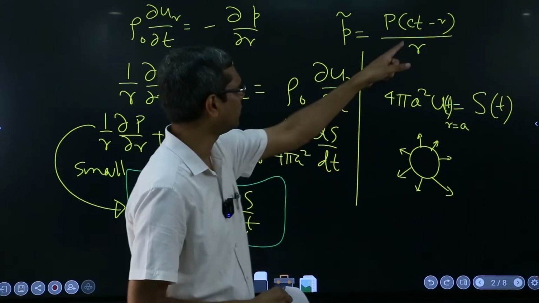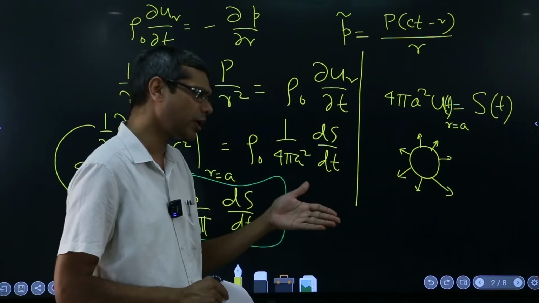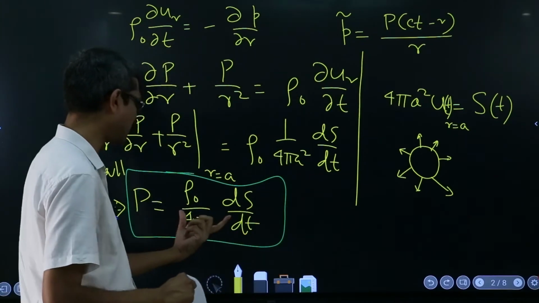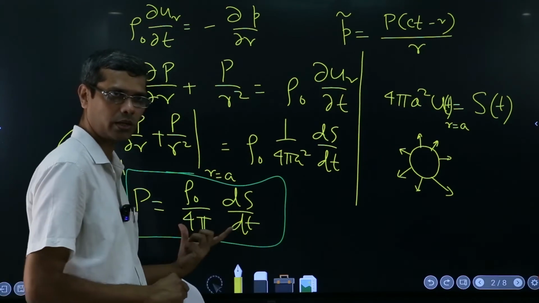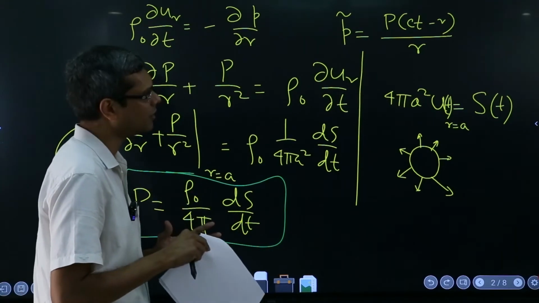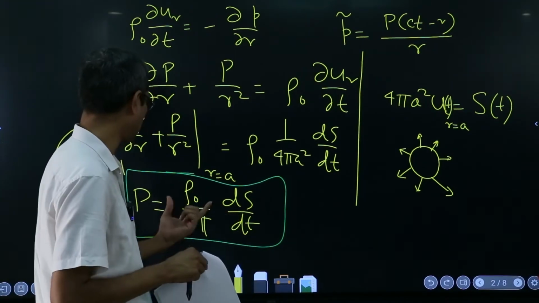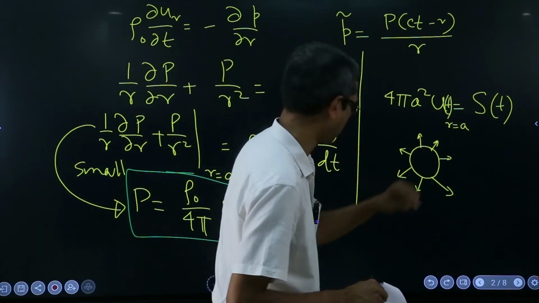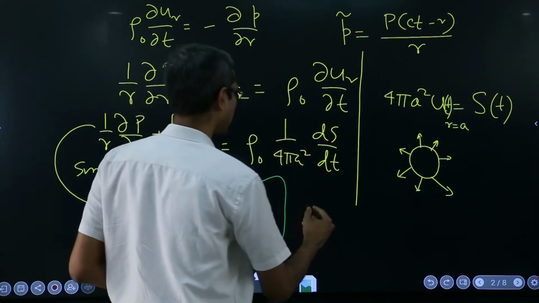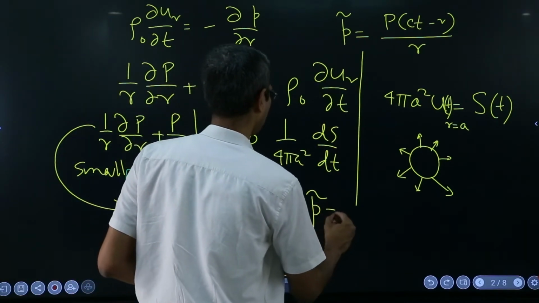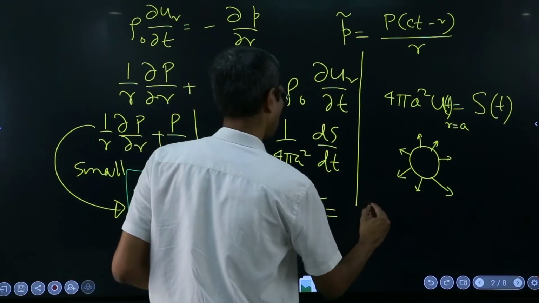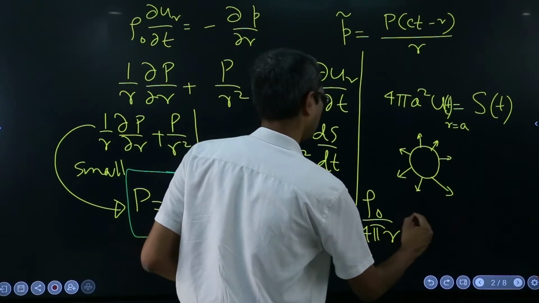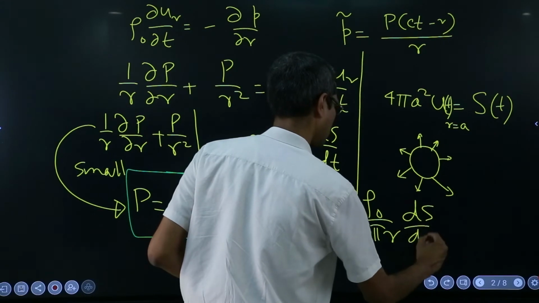The initial amplitude will be derived from this part. So, initial point, shape and size is decided by the function of the source, and after that you can simply write rho naught over 4 pi r ds over dt.